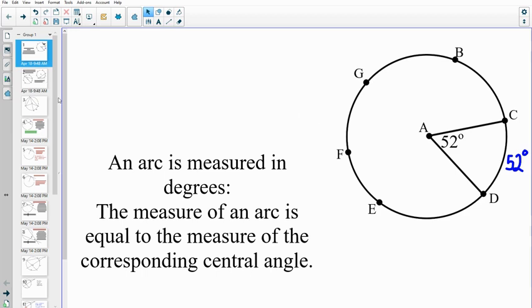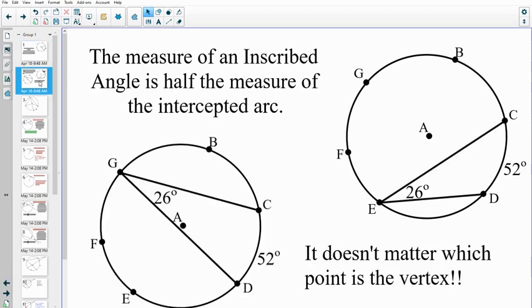So really quickly, circles. If I have a circle and there's an angle at the center, a central angle, then the intercepted arc is the same measure. Nice and easy. As long as that point is on the center, this angle is the same as the measure of that arc. But if I have an inscribed angle, which means an angle with the vertex somewhere on the circle, then the measure of the angle is half of the measure of that intercepted arc.